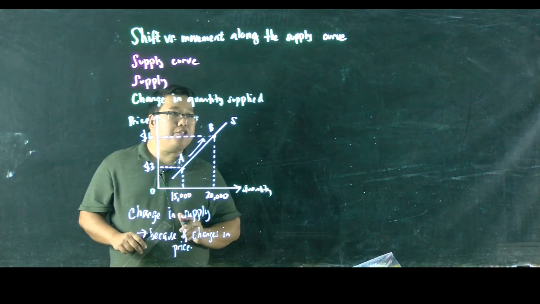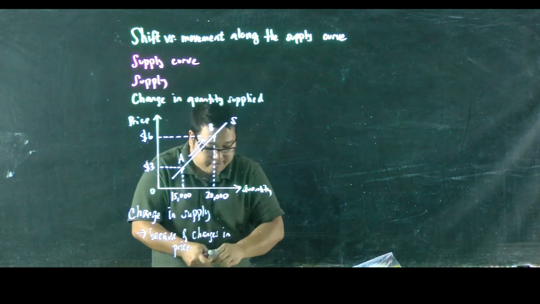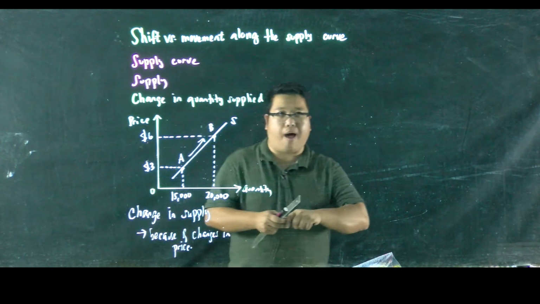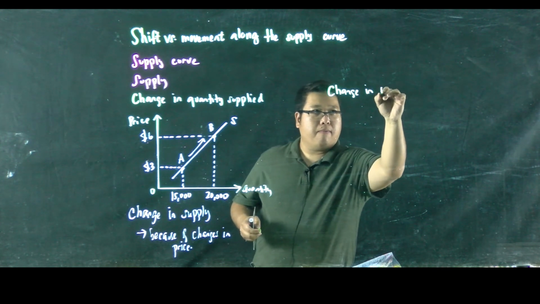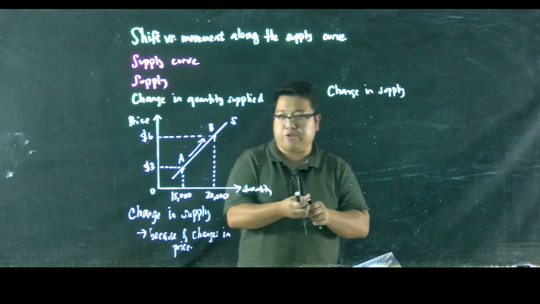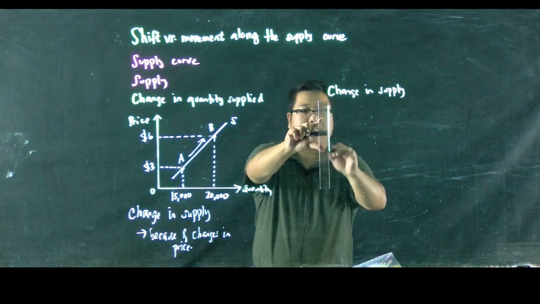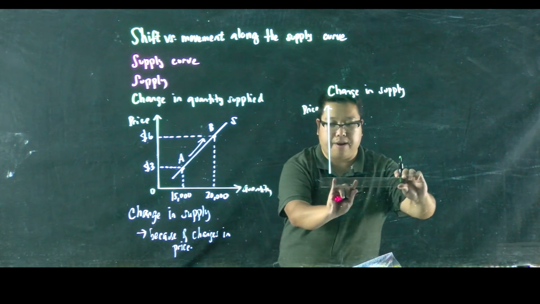Now, what about a change in supply? So same idea as in demand. Okay? So change in supply is a shift of the supply curve. So let me show you what's going on there. So let's say we have here price and quantity.